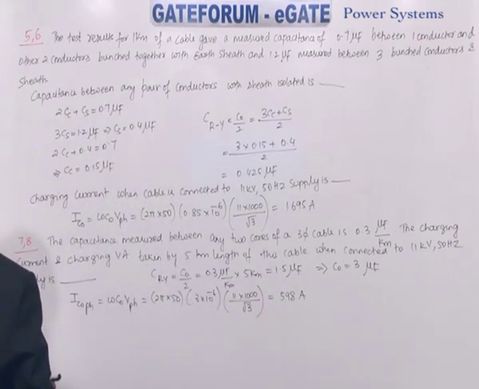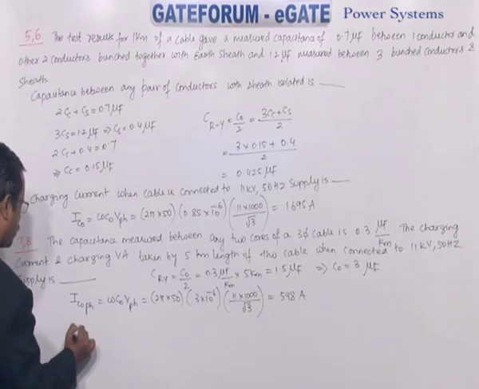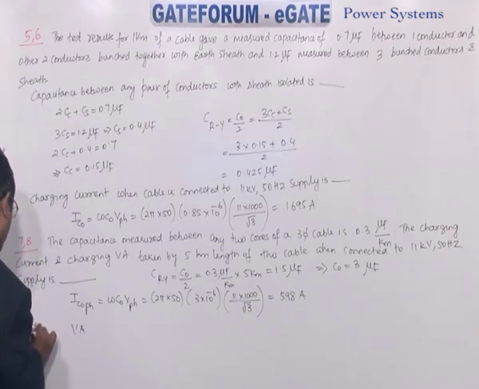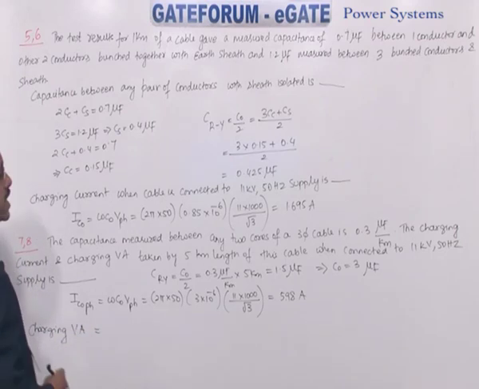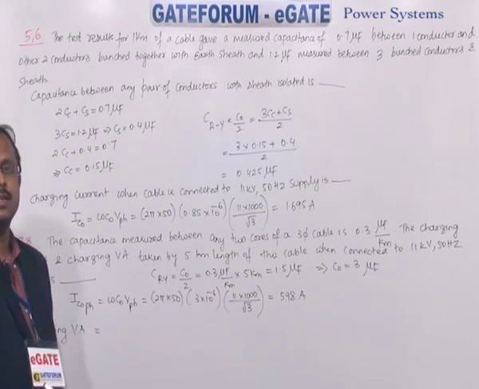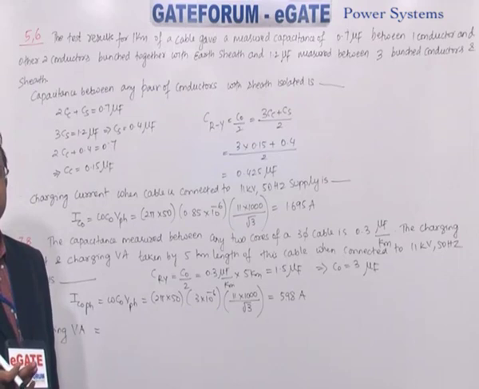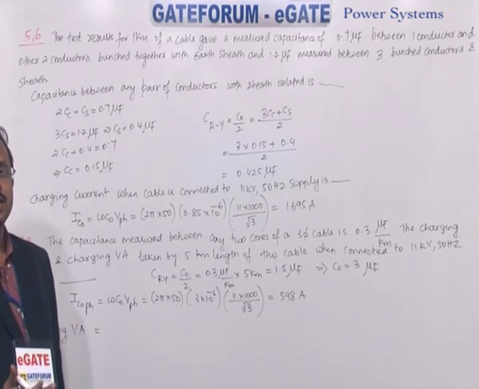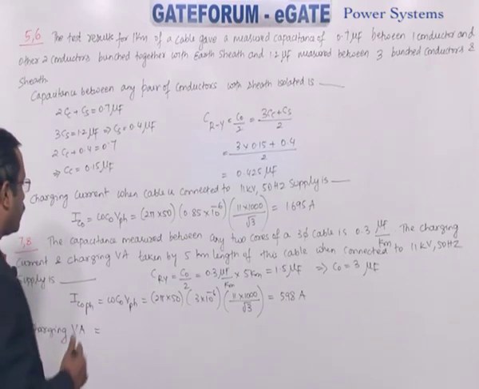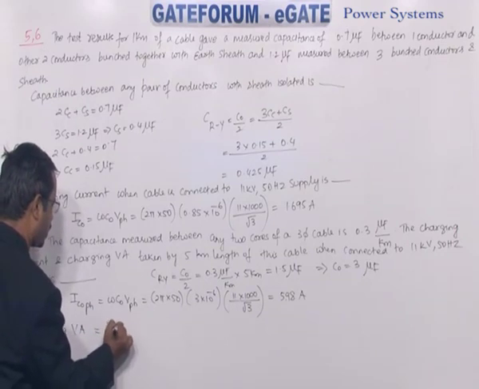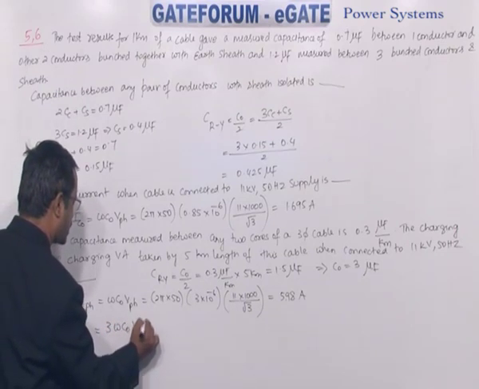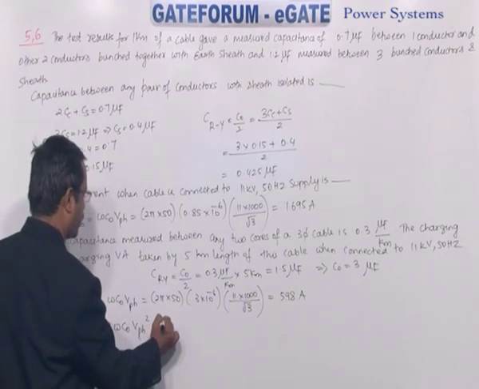Now we can find the charging volt amperes. Do you find it for single phase or three phases? This volt ampere is calculated for the total three phase system. For a three phase system, the formula is 3 omega C naught V phase square.